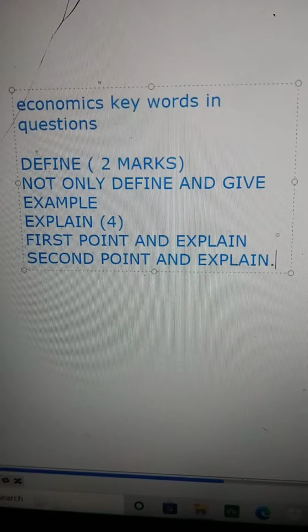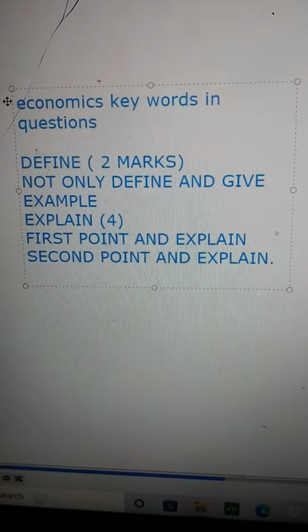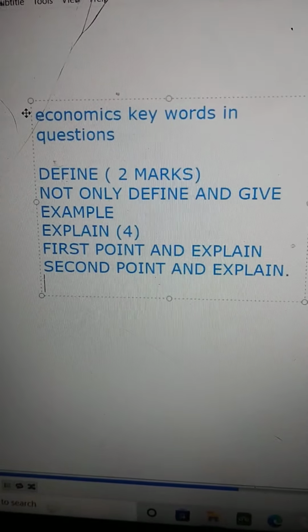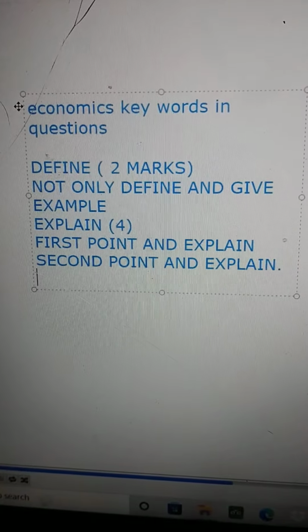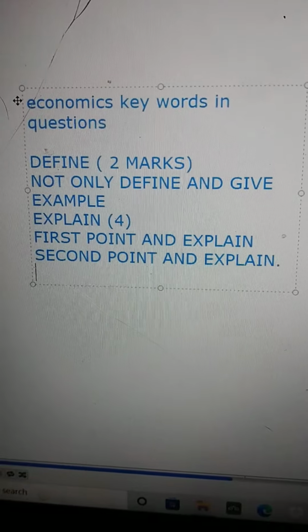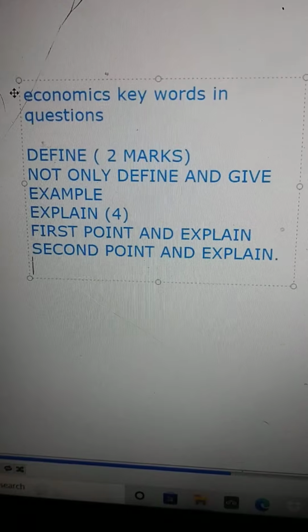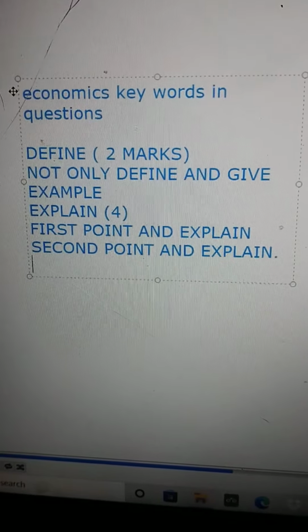Many students make this very common mistake. They think this is just a 4-mark question, so we don't have to write much. Some students even write 2 lines for a particular point. It's not acceptable. It is not going to give you the full 4 marks. So you need to write down the reason properly with a complete statement, and then you have to explain it.